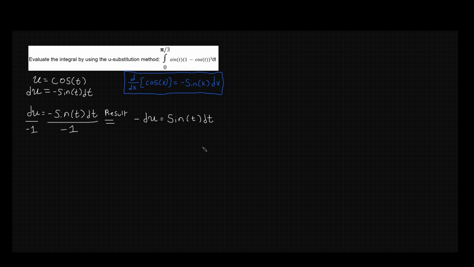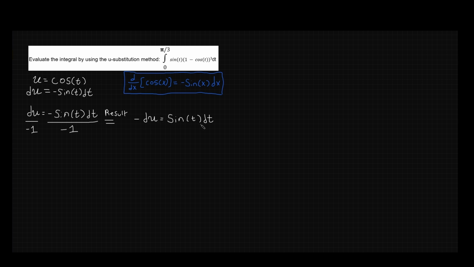So what we just did is algebraically manipulate this. Now we have negative du equals sine of t, and this is good because we have a regular, positive sine of t up here, if you will. So cool. But now let's reiterate quickly that we have u equals cosine of t, and we have negative du equals sine of t.